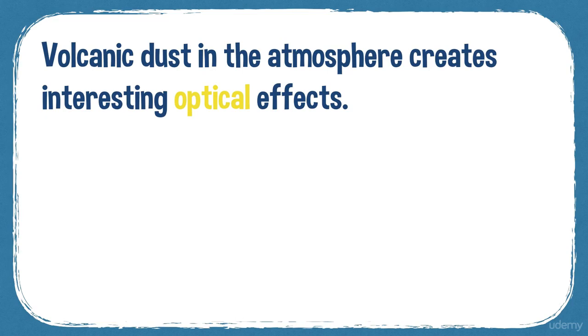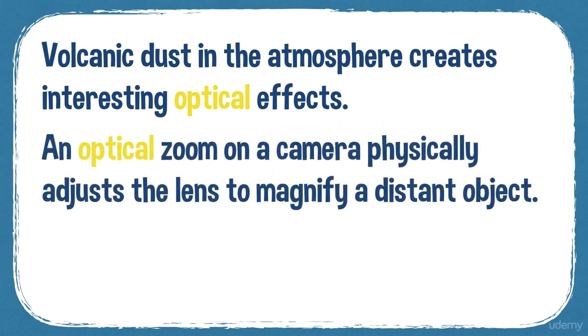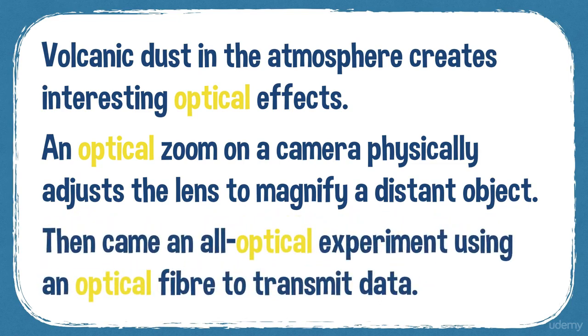Volcanic dust in the atmosphere creates interesting optical effects. An optical zoom on a camera physically adjusts the lens to magnify a distant object. And then came an all-optical experiment using an optical fibre to transmit data.